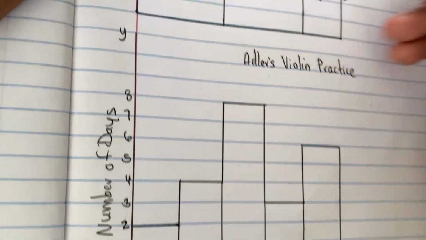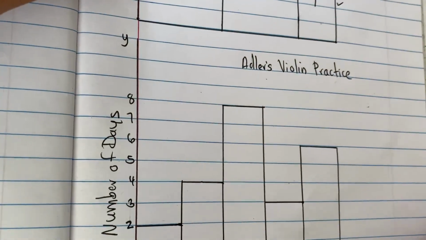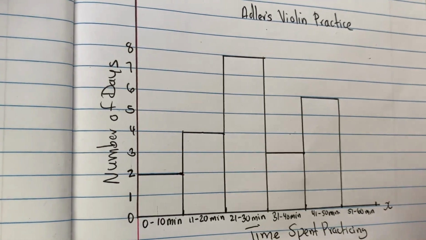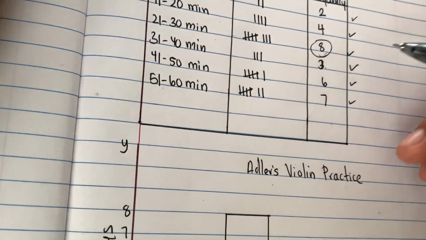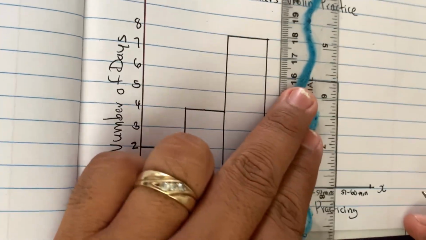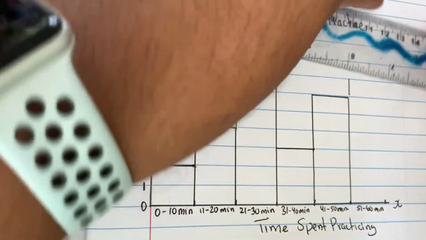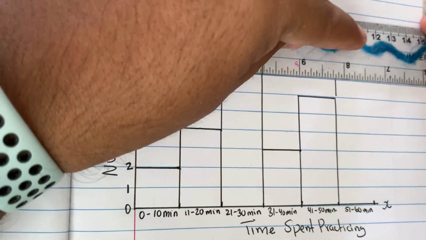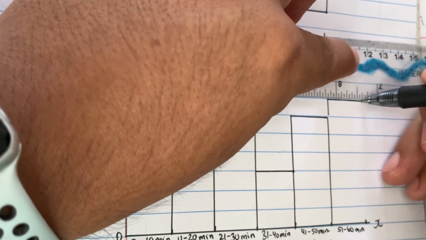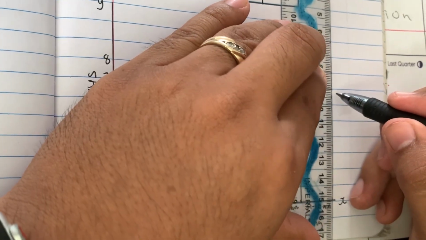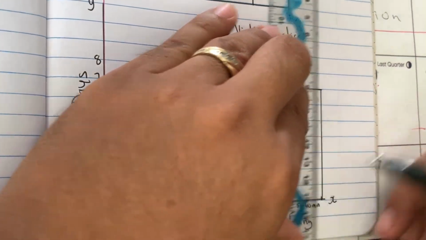Now I go for the last one, which is 51 to 60 minutes. That takes a frequency of 7 days. 7 right there, right here, and boom.